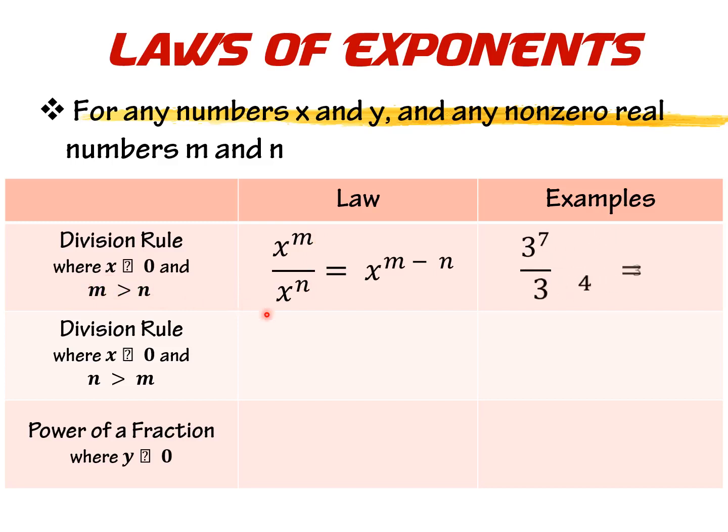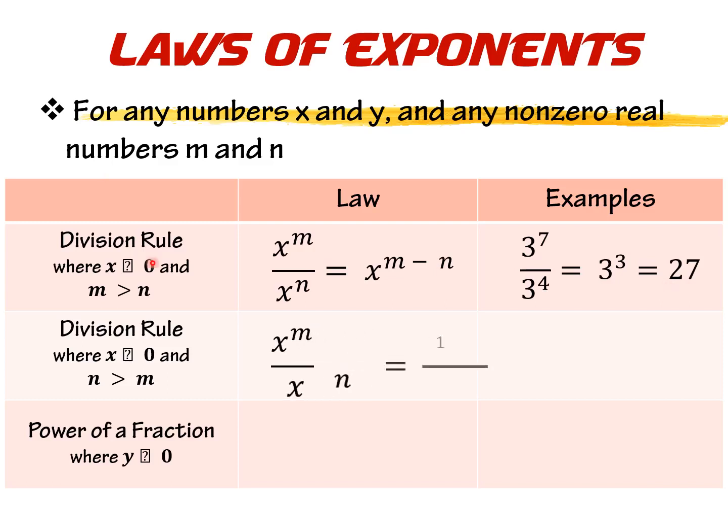So for example, you have 3 raised to the 7th power divided by 3 to the 4th power. Since they have the same base, again applying the rule, copy the base, that will be 3, and then 7 minus 4, that will give you 3 cubed. And simplifying 3 cubed, that will give you 27.